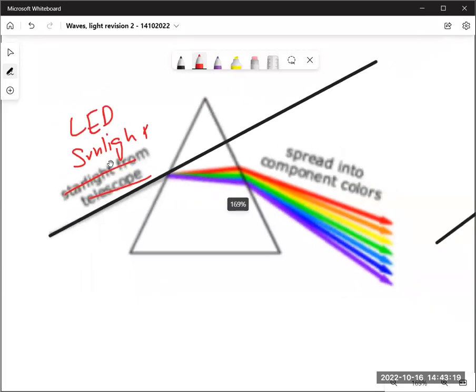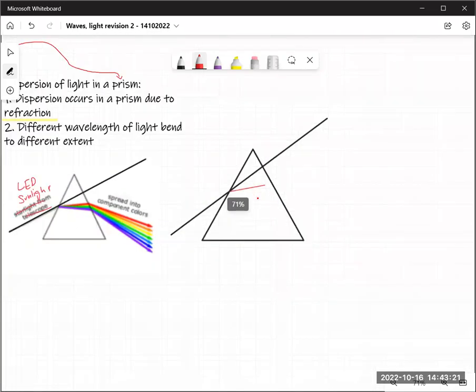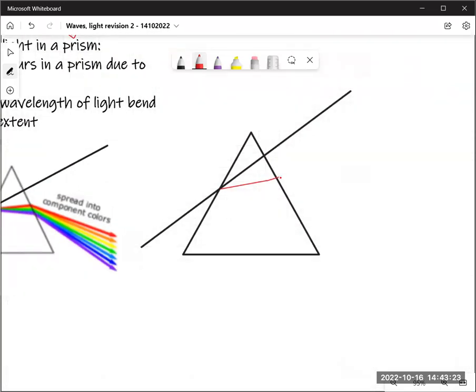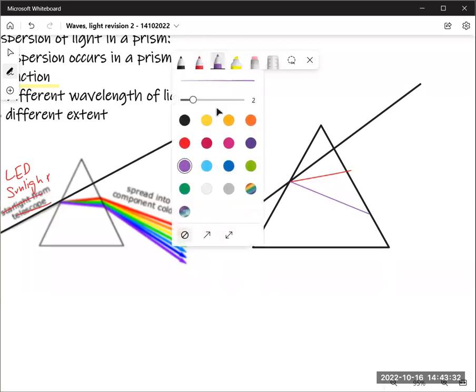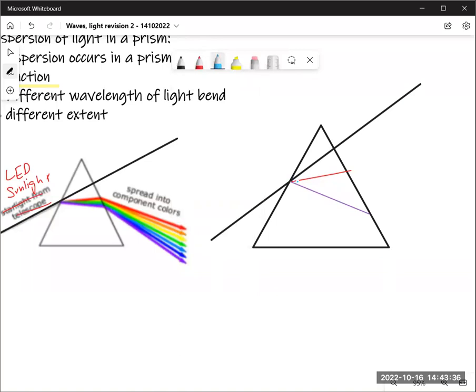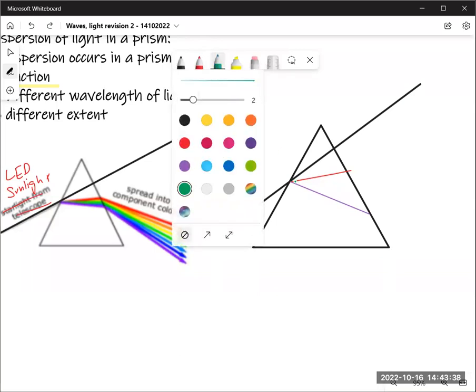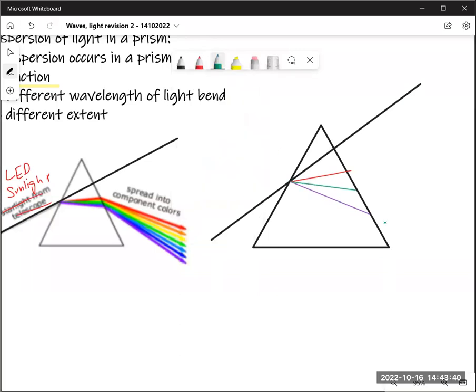It doesn't make a difference. Now you have light coming like this. That's red. But the violet light will bend a lot more than this. And in the middle, you'll have green. So we realize that red bends least.